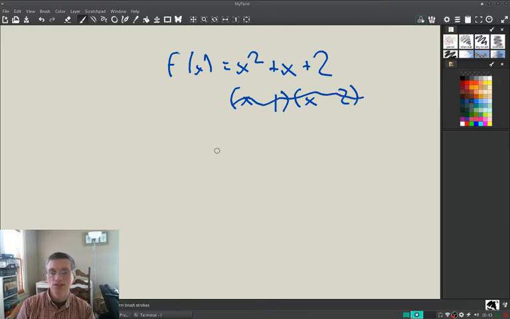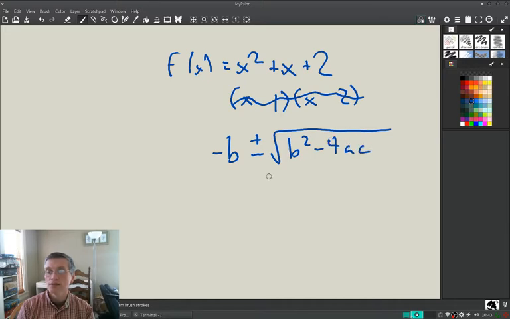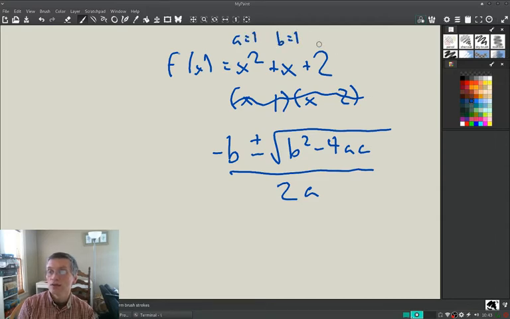We can use minus b plus or minus square root b squared minus 4ac over 2a to get our two roots, to get our two x values where this is 0. In this case, a equals 1, b equals 1, and c equals 2.